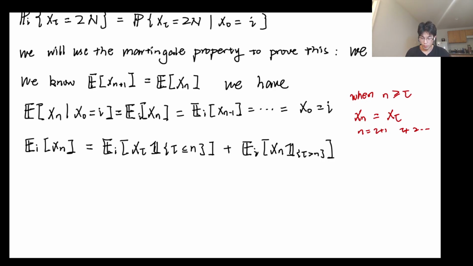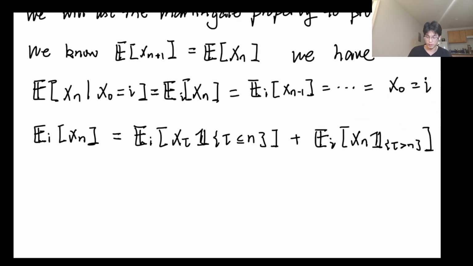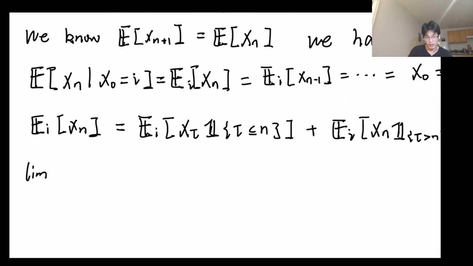When tau is smaller than or equal to n, this x_n becomes x tau. And when tau is greater than n, meaning that we haven't reached the exit yet, we still use x_n. But a trick here is to take the limit as n approaches infinity on both sides.